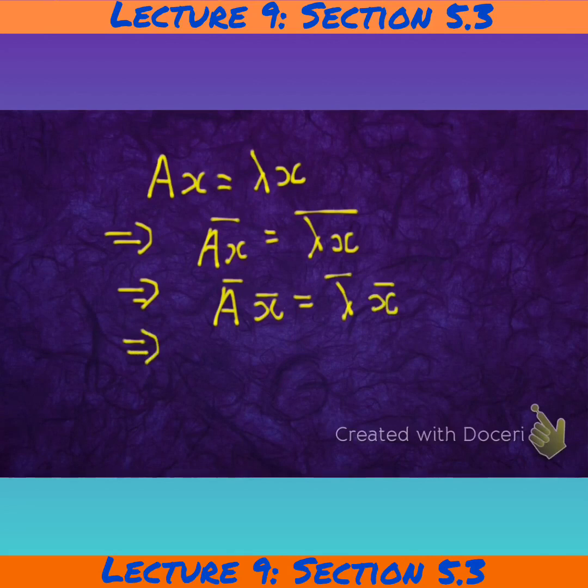And because A is a real valued matrix, its conjugate is going to be itself. And that implies, therefore, that the conjugate of lambda is going to be an eigenvalue of A, and the conjugate of x is going to be a corresponding eigenvector.